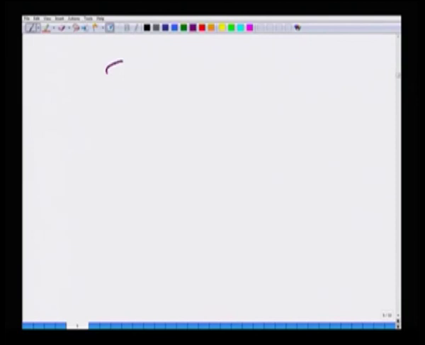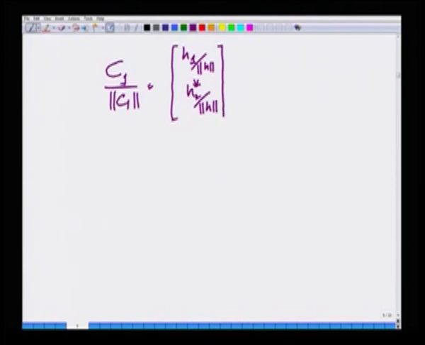C1 divided by norm of C1, where norm of C1 is nothing but H1 divided by norm of H and H2 conjugate divided by norm of H, which is nothing but 1 by norm of H times H1, H2 conjugate.